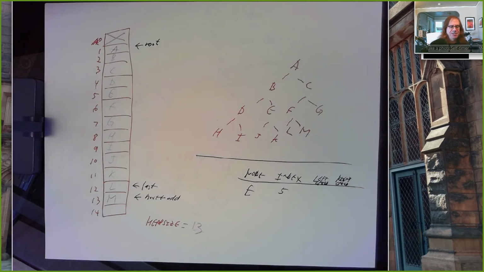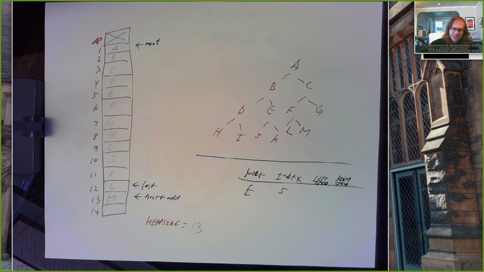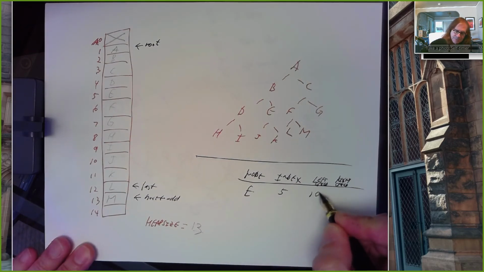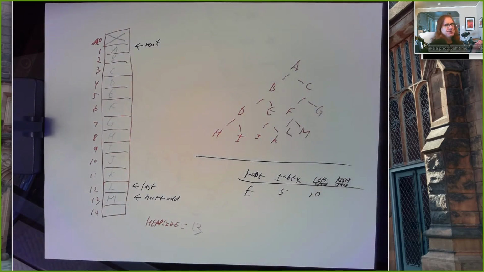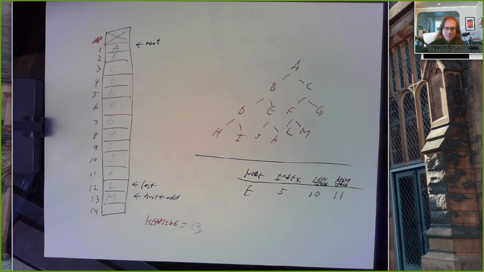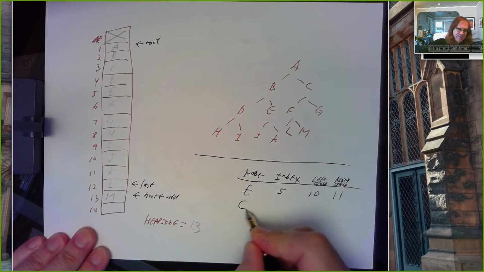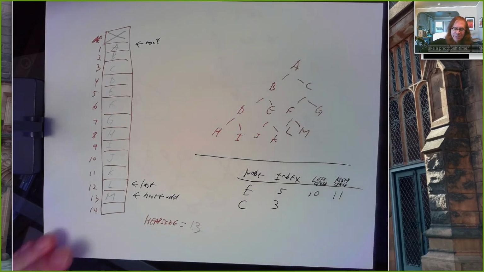It's a 10, right? E's left child is J. J is at index 10. And E's right child, right, it's right next door, that's at 11. Let's look at node C. Index of C is 3. What's the index of its left child?